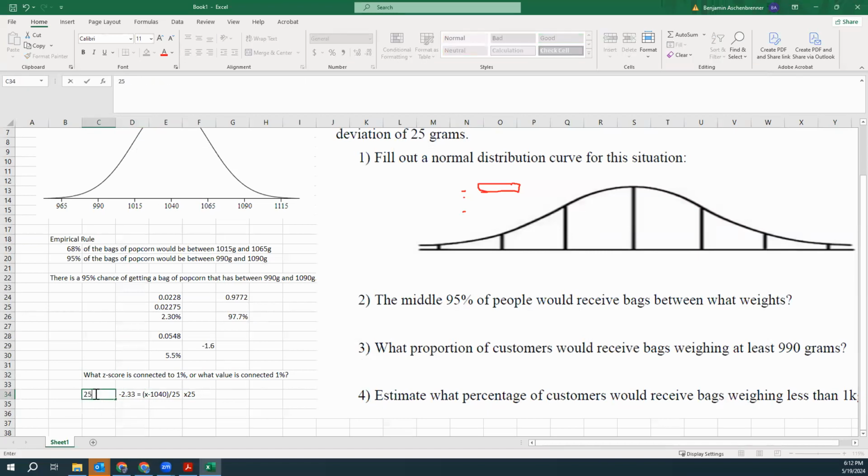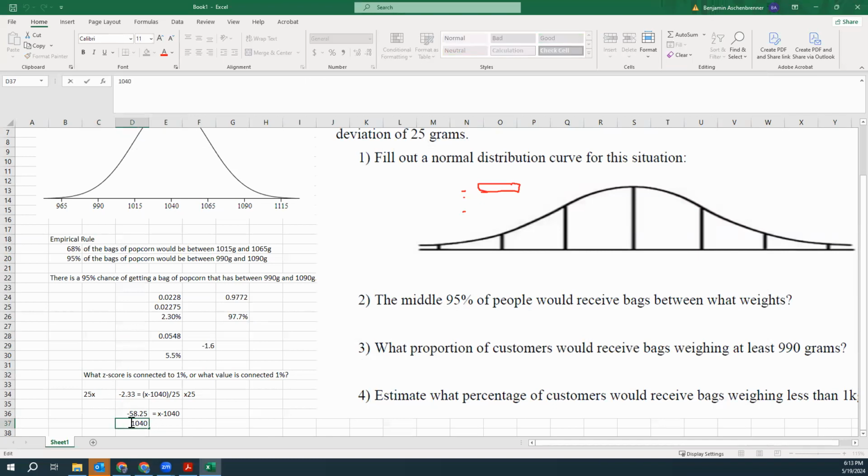That leaves me with minus 2.33 times 25 equal to x minus 1040.